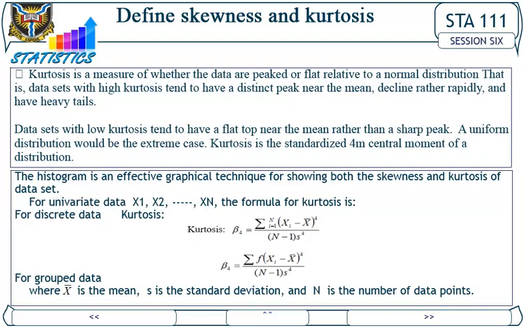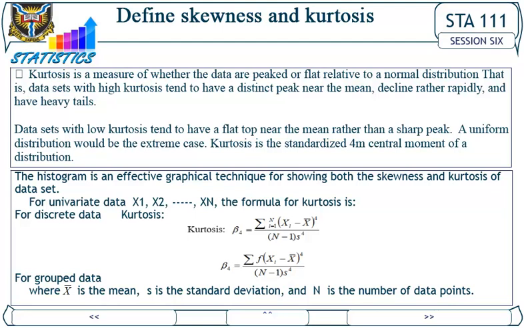Kurtosis is a measure of whether the data are peaked or flat relative to a normal distribution. That is, data sets with high kurtosis tend to have a distinct peak near the mean, decline rather rapidly, and have heavy tails. Data sets with low kurtosis tend to have a flat top near the mean rather than a sharp peak.